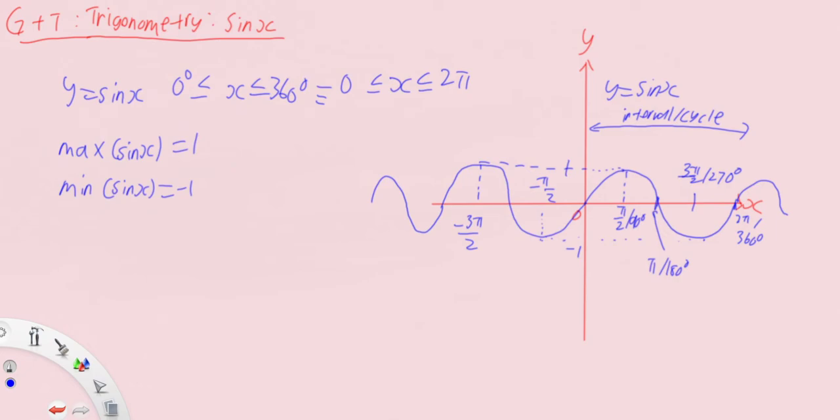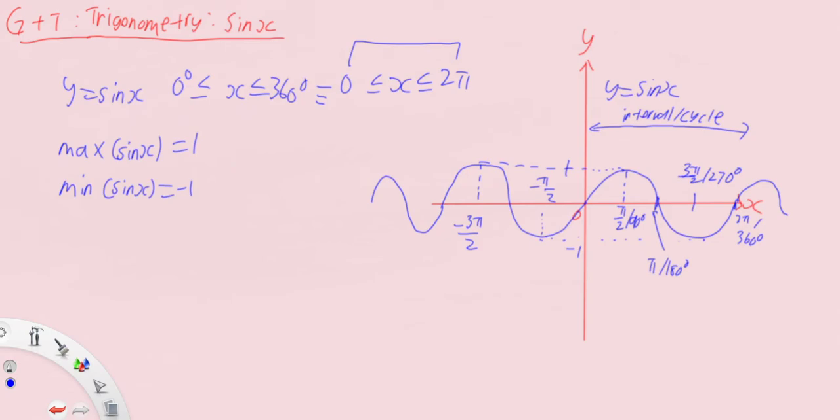Now the idea is that you go by the interval. We know that this interval is from 0 to 2 pi. The next interval will be from 2 pi to 4 pi, and then 4 pi to 6 pi. If you go backwards, you'll have minus 2 pi to 0, and then minus 4 pi to minus 2 pi. Every interval is 2 pi long.